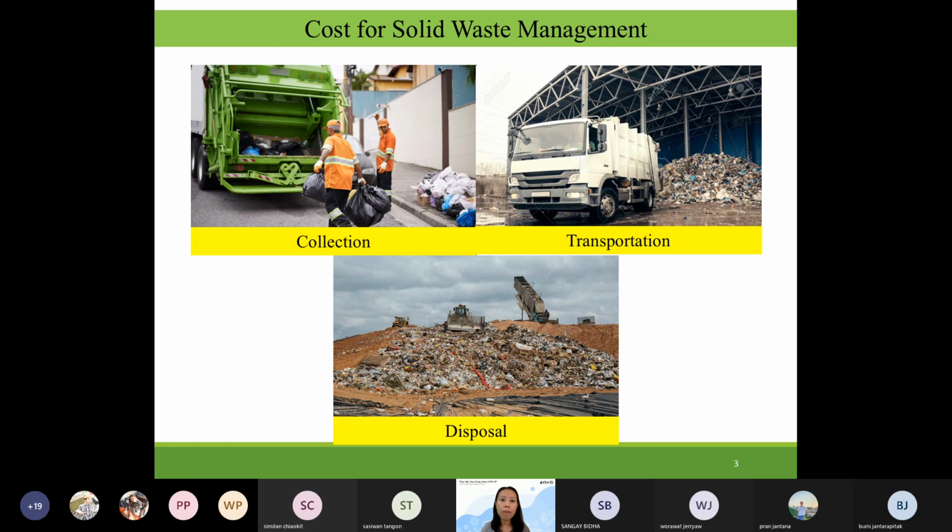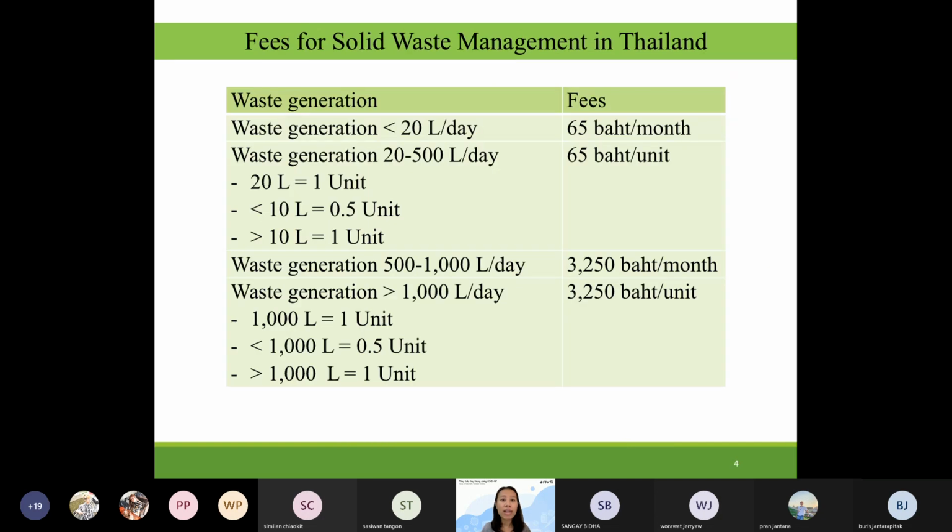Normally it is supported by the government; nowadays it's normally local government, which gets money from the government, right? They also try to apply for support for solid waste disposal, especially landfill sites. If we calculate the full cost, it's quite expensive, right? But the fee for waste management in Thailand is quite cheap.